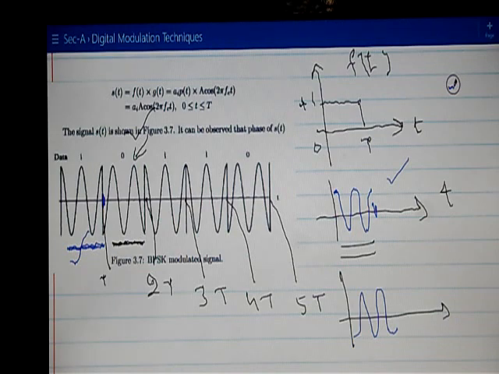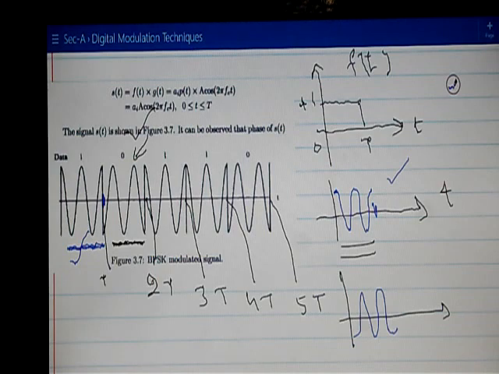So for 0 to t, you have the modulated signal, which is just a cos of omega ct, and the second bit is 0, so f of t is negative. You multiply it with -1 and your signal is minus a cos of omega ct, which is shown from t to 2t.